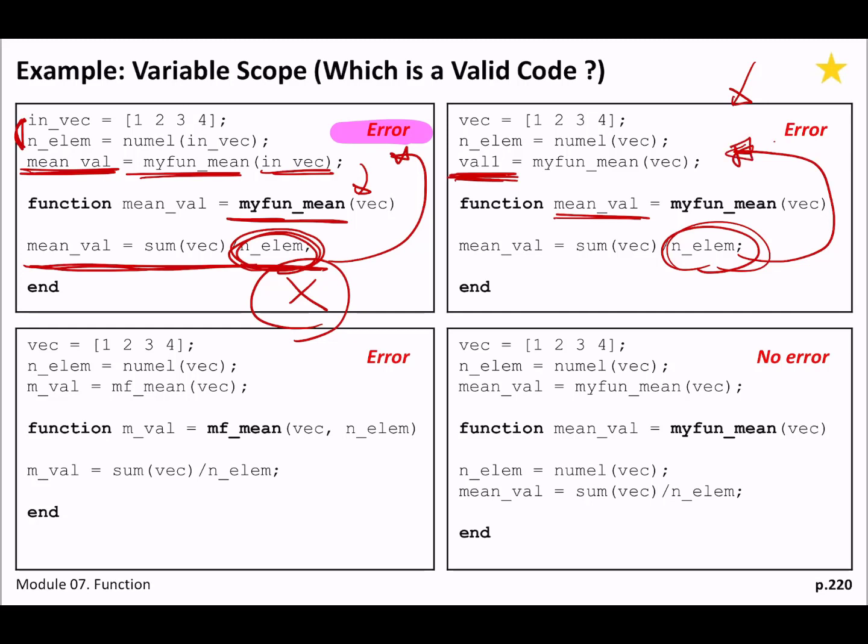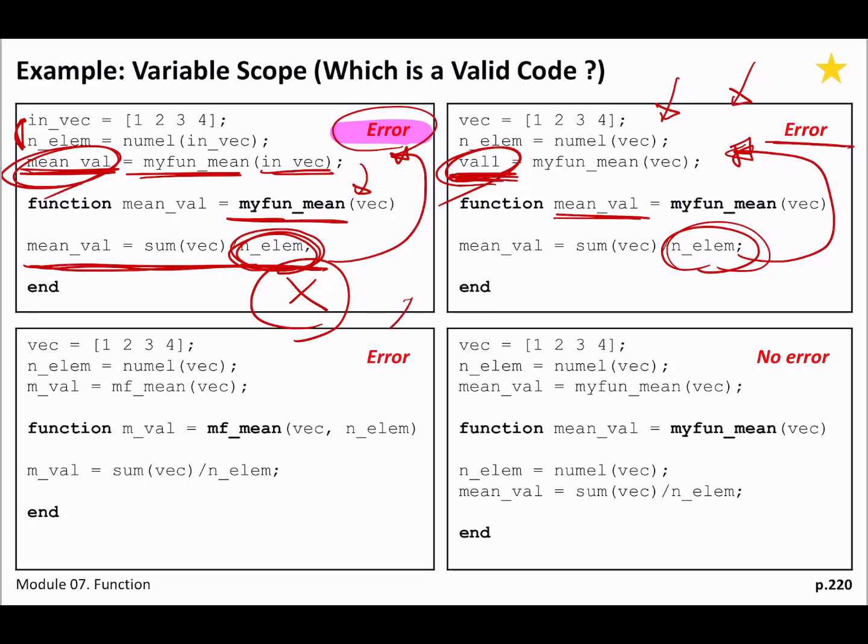That's why there's still an error. I mean, the point of this example is that the error source is not the output variable name. You can use any variable name that follows the rules of making variable names, covered in module 2.